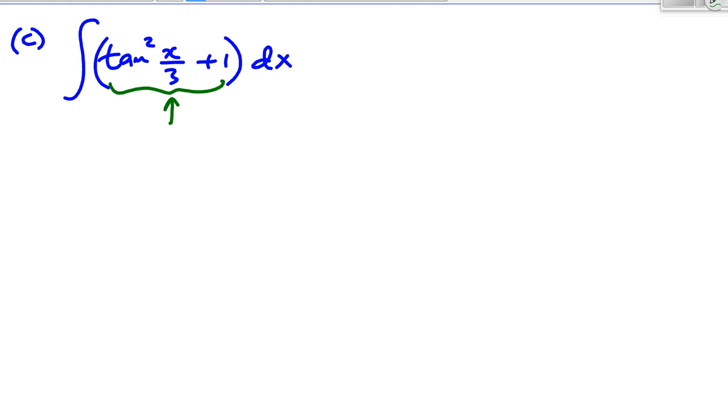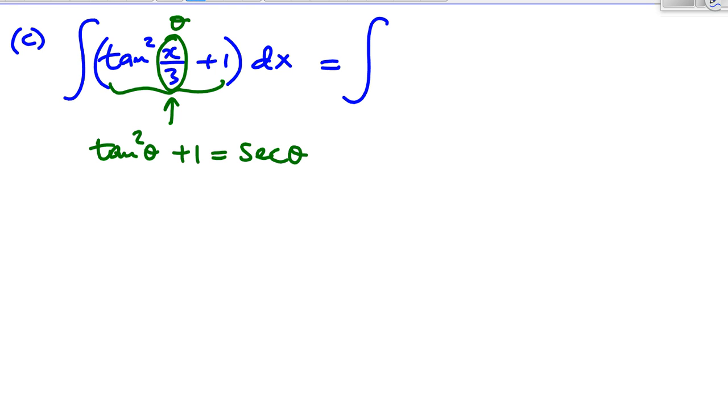Now we know that tan squared theta plus 1 is equal to secant squared theta. So our theta here is basically x over 3, using this identity, which means I can simplify this integral.